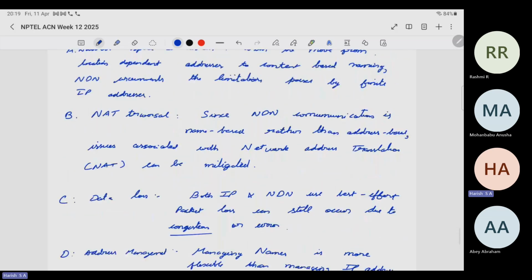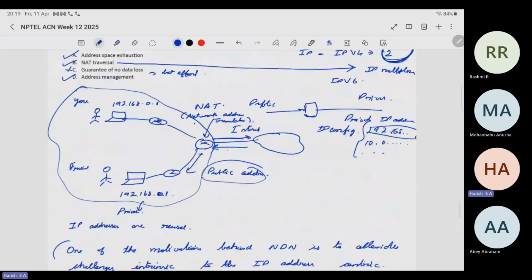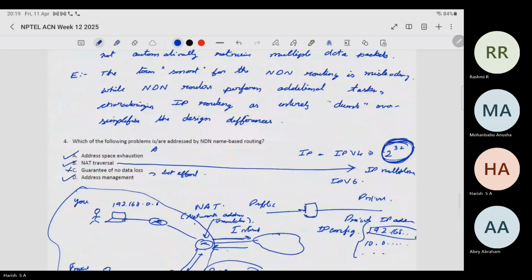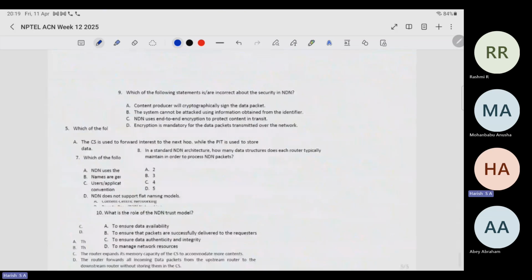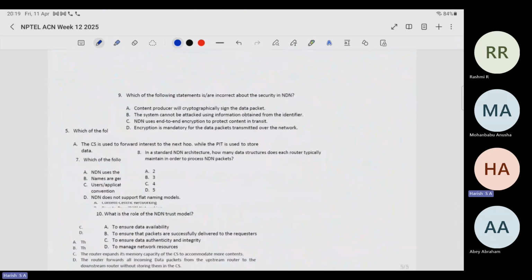So the answer for this question is A, B, and D, right? I think by this time, NDN should be pretty familiar. Now we can slightly increase the pace of our answering.